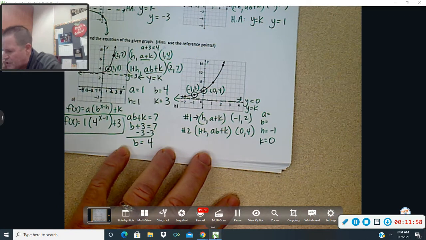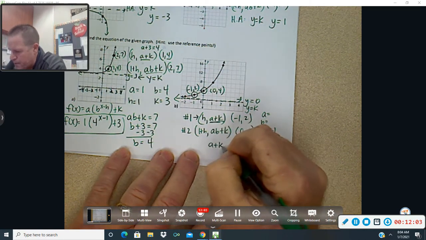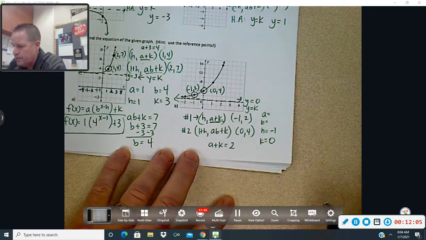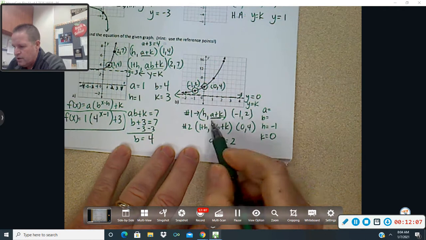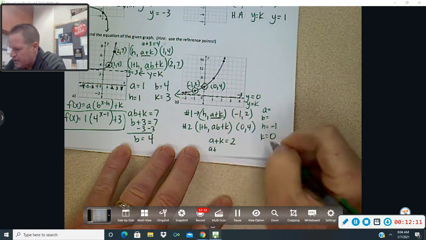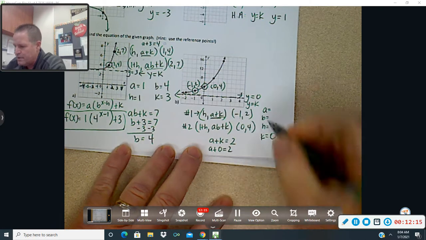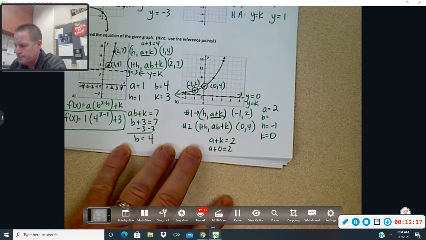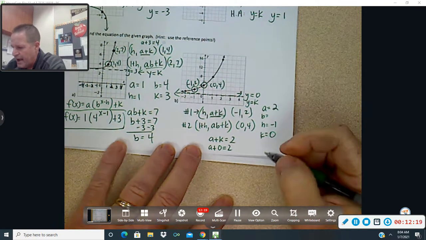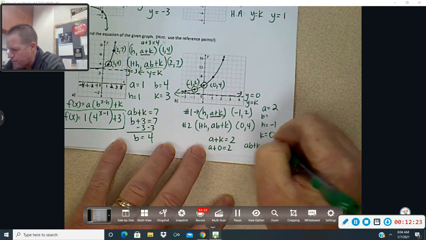Now, I need to go to this part. A plus K equals 2. I'm actually using an equation to solve it here. I'm going to say A plus K, which is 0, equals 2. So that means that A has to be 2. And then to find B, we'll use AB plus K equals 4.